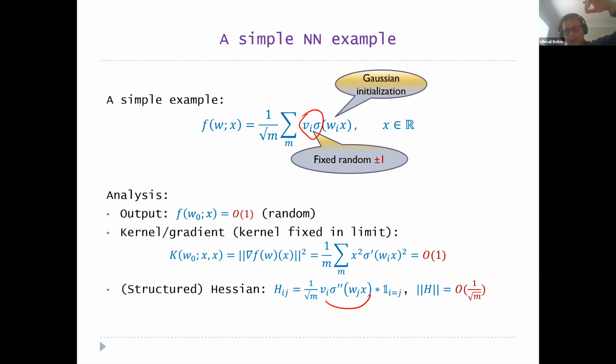So that means that the spectral norm is going to be 1 over square root of m. Notice, this is because of the structure of the Hessian. It's not because of the size of the entries, because if I bunch up all these entries and put them in one corner, my spectral norm will be 1, and it will not be small anymore. So it's because it's diagonal that this happens.